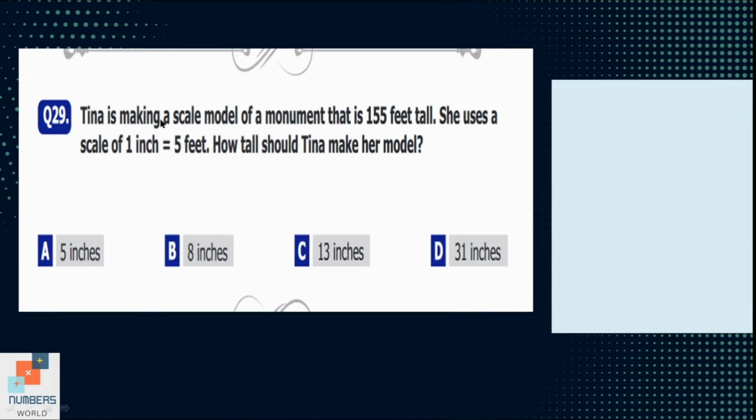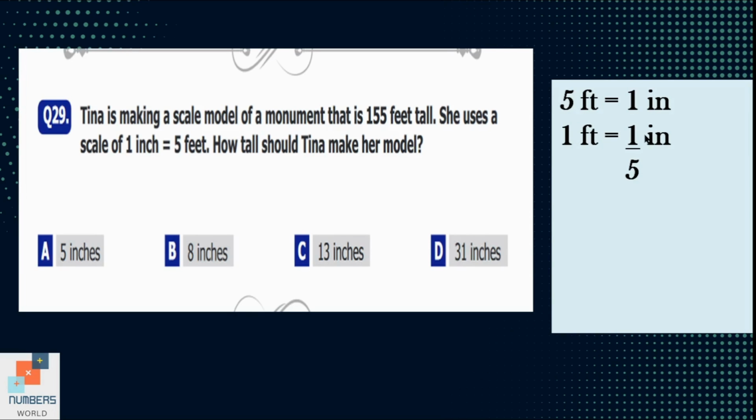Question number 29. Tina is making a scale model of a monument that is 155 feet tall. She uses a scale of 1 inch is equal to 5 feet. How tall should Tina make her model? So as she is going to make a model that is always smaller than the original monument, we will write feet first. 5 feet is equal to 1 inch and 1 foot is equal to 1 by 5 inches.